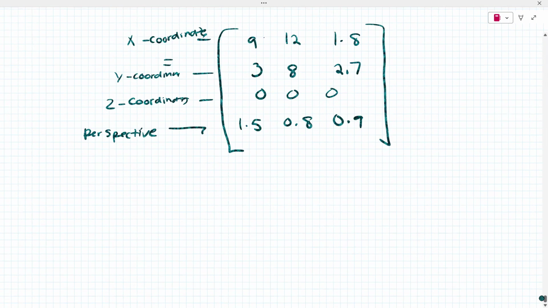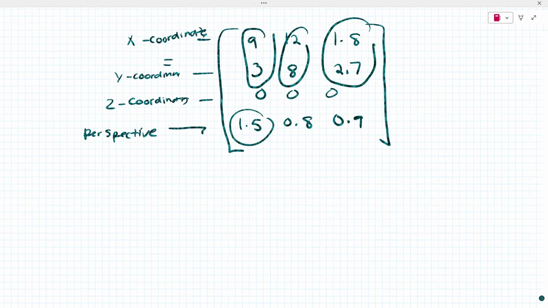I'm going to circle this: 9, 3, 12, 8, 1.8, 2.7, 1.5, 0.8, and 0.9. What you're going to do next is take your XY pairs, that's why I circled those, and match them with what's happening with your eyeball.